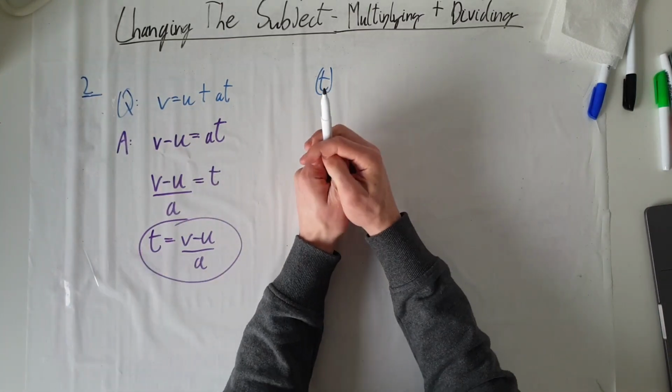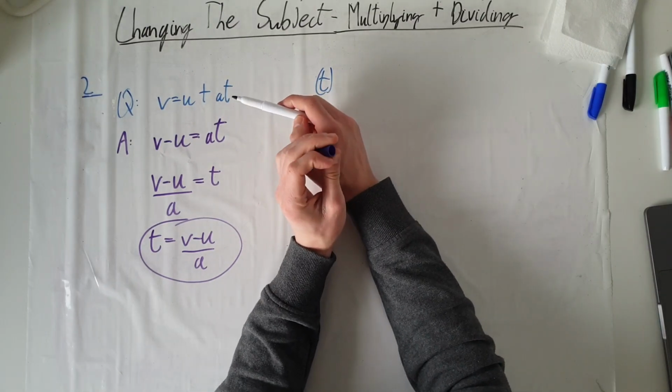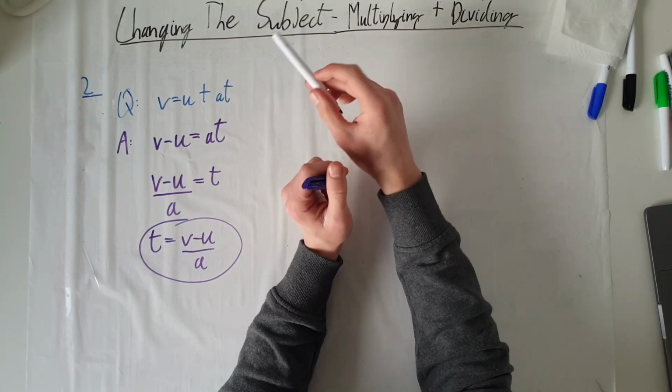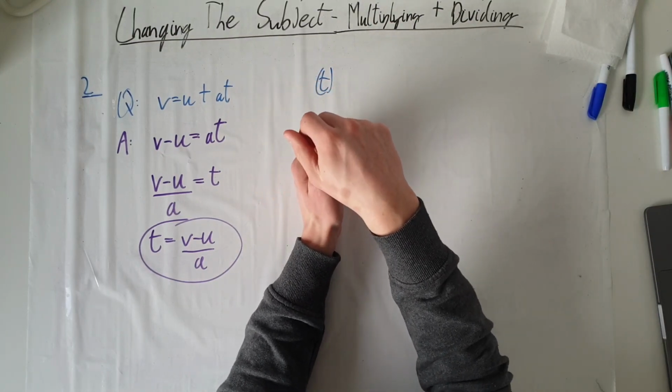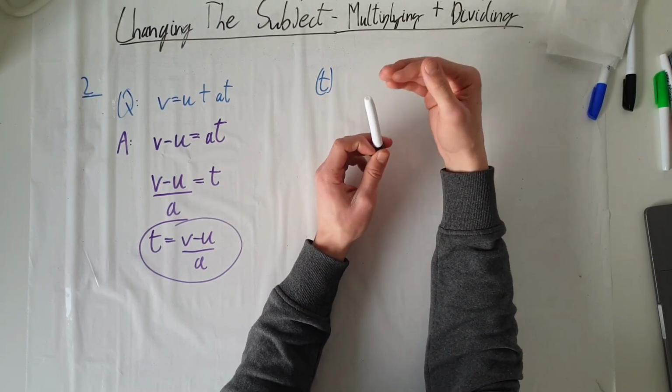So you can see here how we decide what to do first: the furthest away term that's having an impact on the subject of the formula, which is T. The reason again for this is because we have to do all our operations to every single term in the formula.